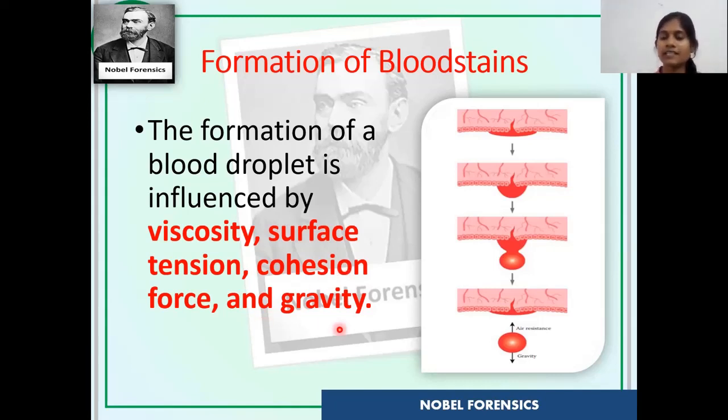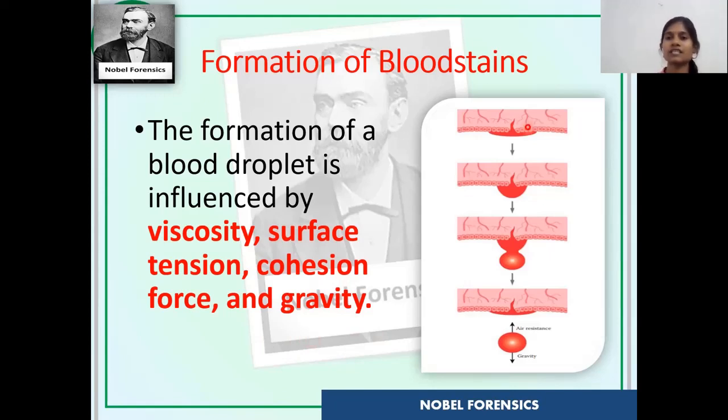Then the gravitational pull of the earth, because of which there is formation of blood droplets. So there are four things: viscosity of the blood, surface tension on the injured area, cohesion force in between the blood droplet, and also gravitational pull. These influence the formation of the blood droplet.